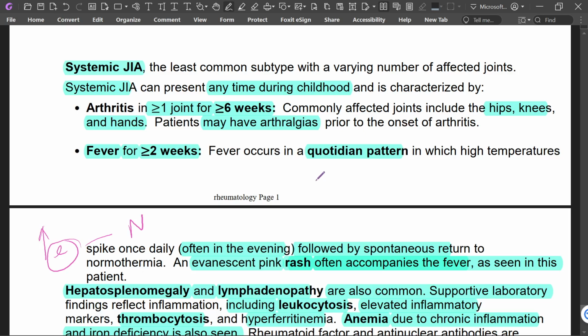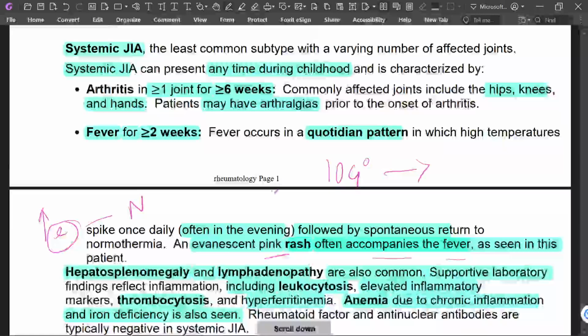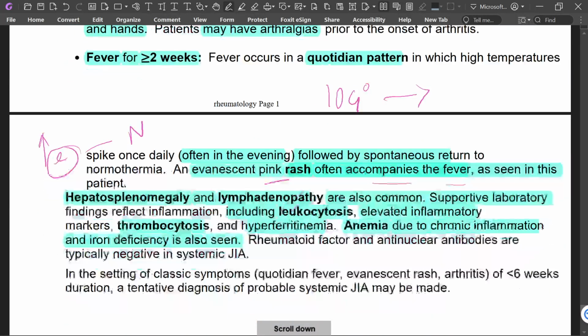Quotidian pattern means high temperature like 104 in the evening, then at night it becomes normal. An evanescent pink rash accompanies the fever, as seen in this type of patient.